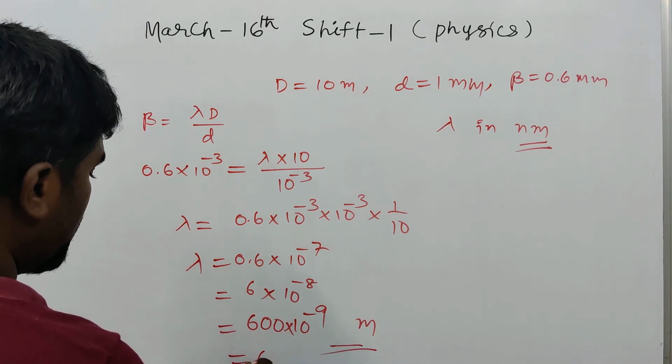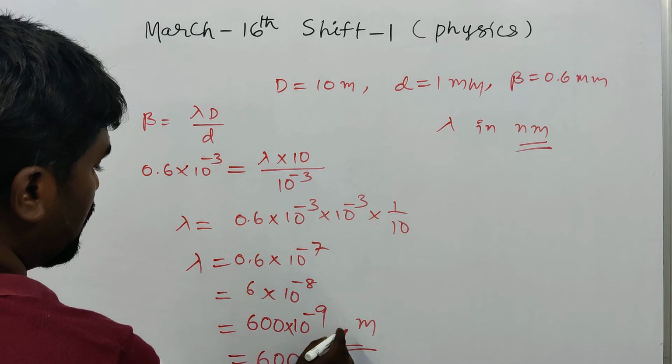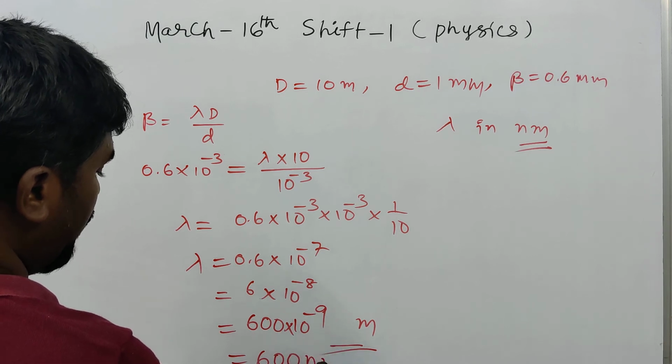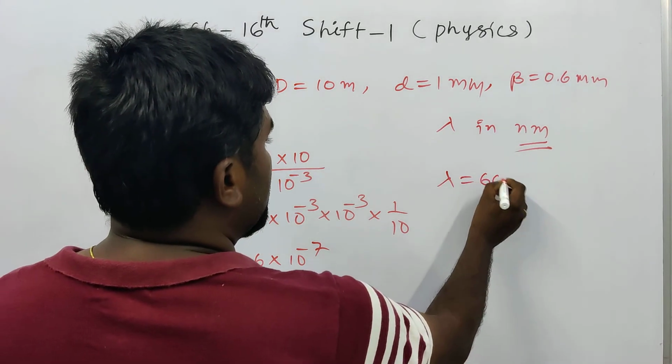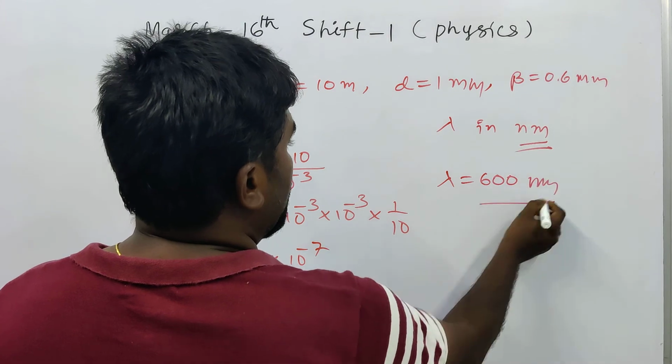So this can be written as 600 nm. Whereas lambda is equal to 600. This is an integer type question, I think.